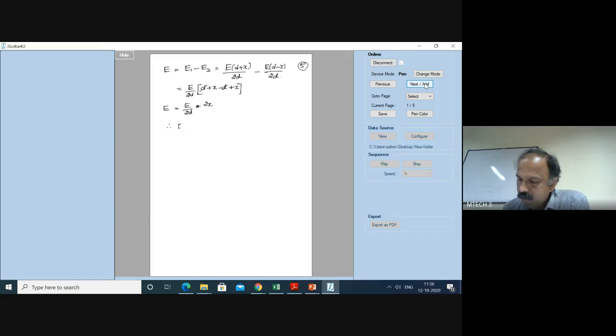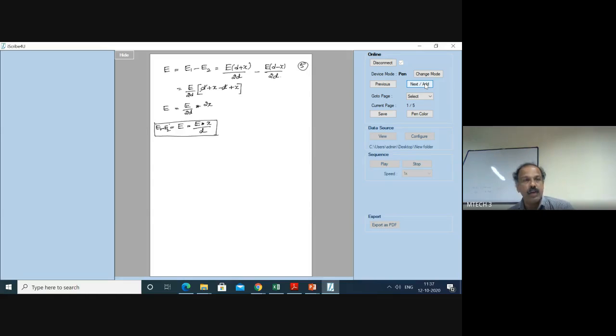So therefore, E will be equal to E into X divided by D. What is E here? Difference in voltage.